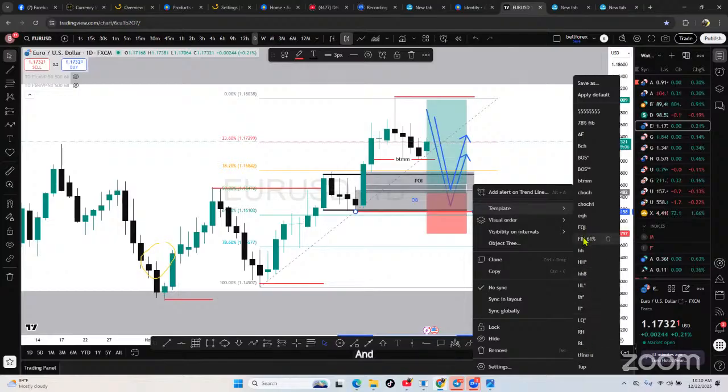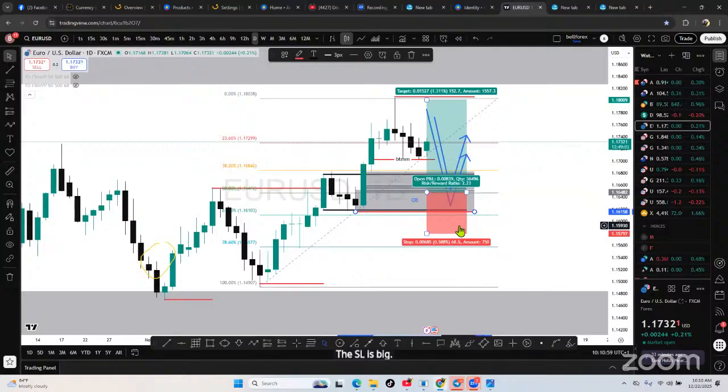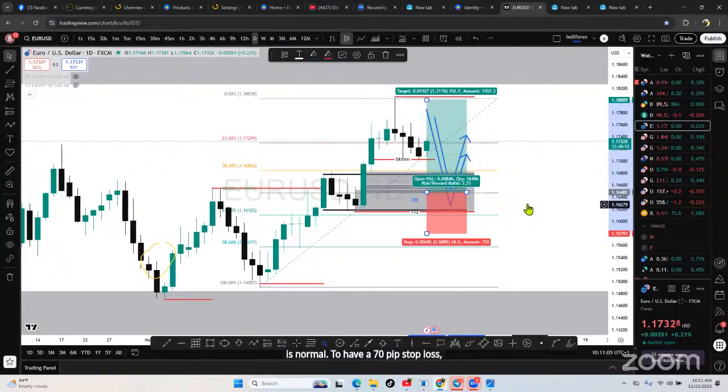Someone said the SL is big, but it's normal to have a 70 pip stop loss to grab, let's say if we are grabbing here, 150 pips.